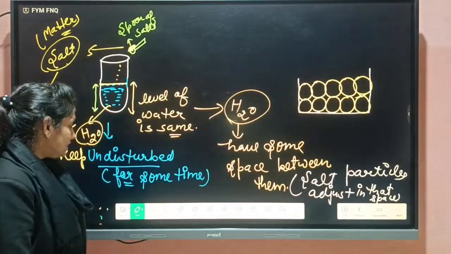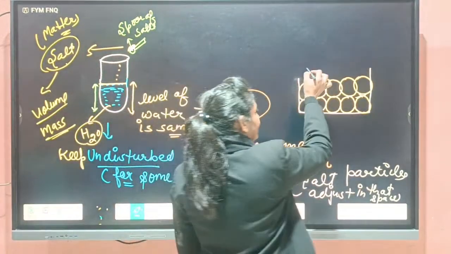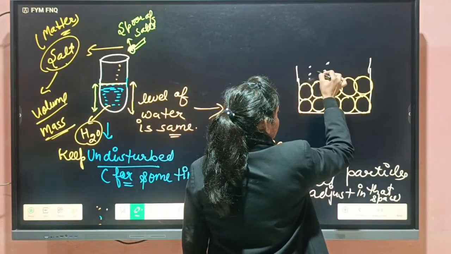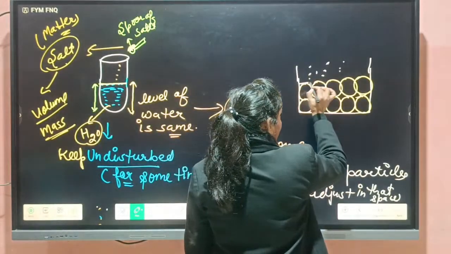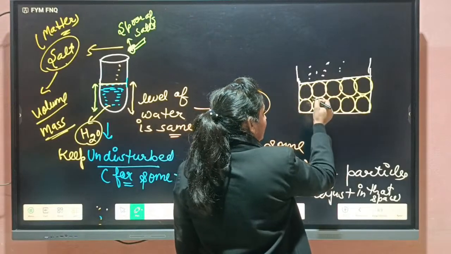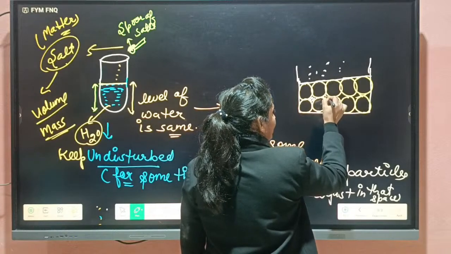Then students, if we add some sand particles, then what will happen? And if we say the level will not increase here, these sand particles will adjust in this vacant space.